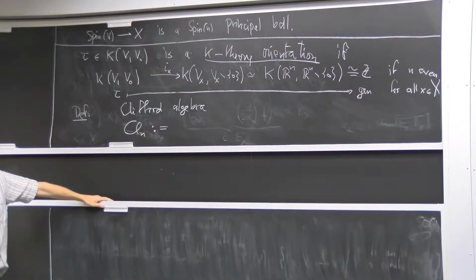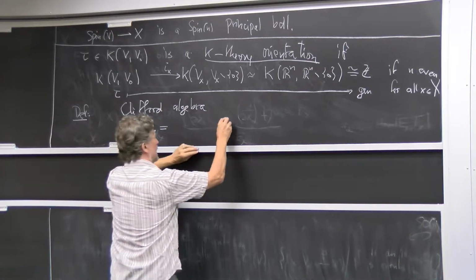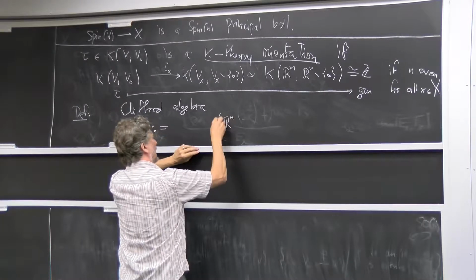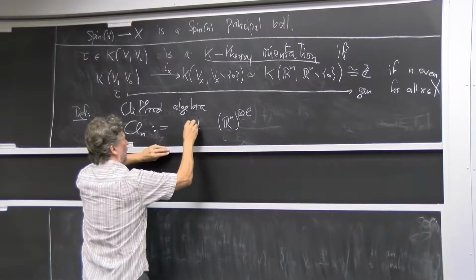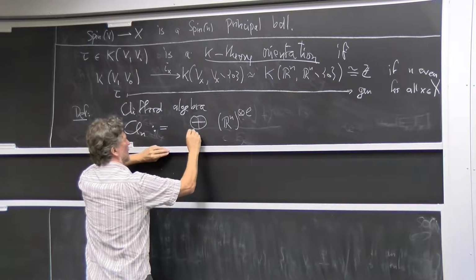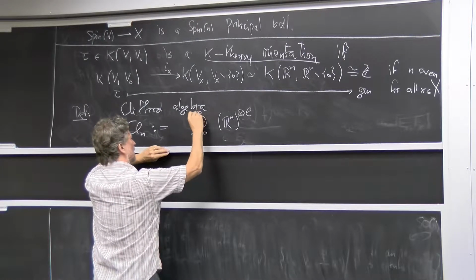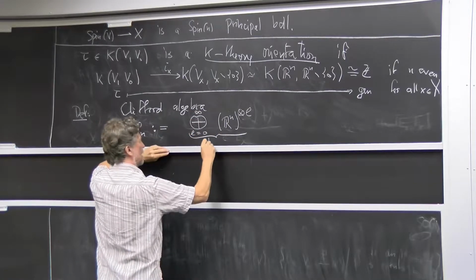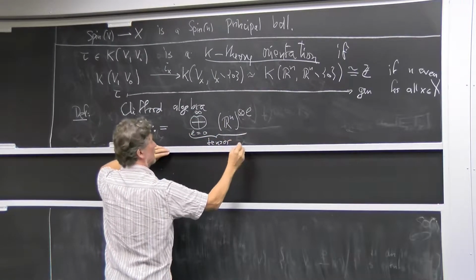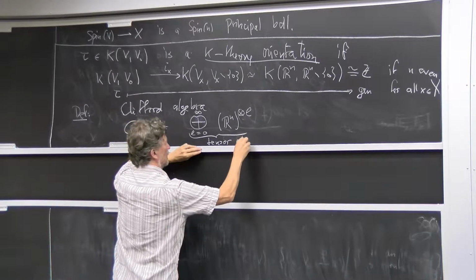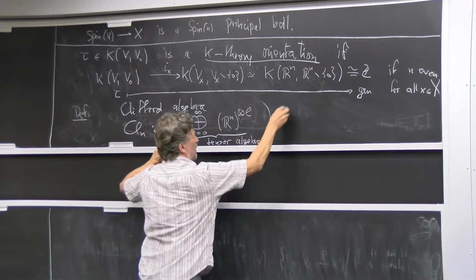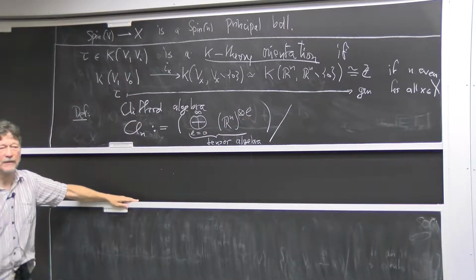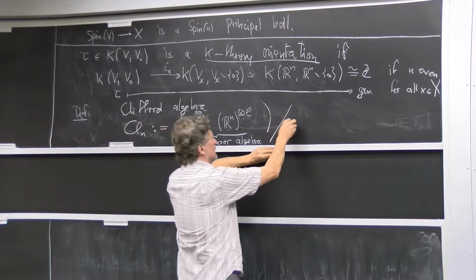So I first take the tensor algebra that's generated by the vector space Rn. So in other words, I take Rn, and then I take a whole bunch of tensor powers of that, and I add them all up, with L going from 0 to infinity. So this so far is the tensor algebra generated by Rn. The Clifford algebra is a quotient of this, so I mod out by a certain ideal. What does that ideal look like?